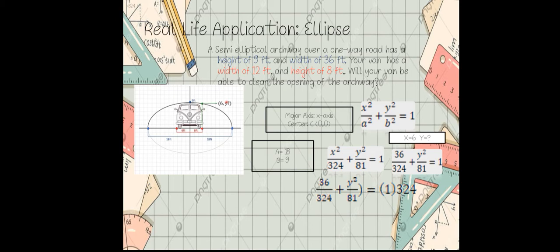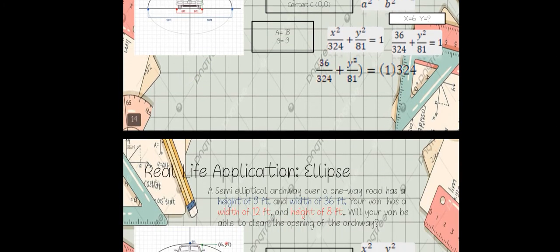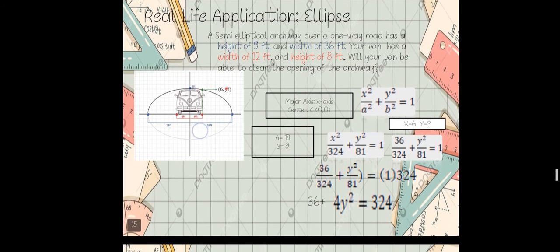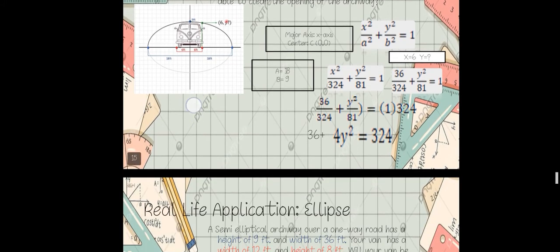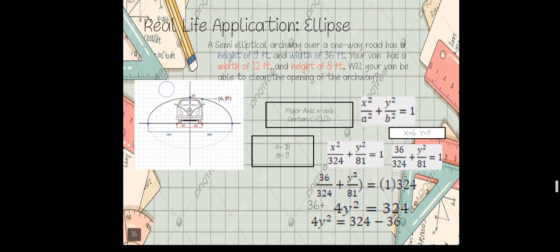So first is to clear out our fractions by multiplying both sides of the equation by the least common denominator, 324, and then we distribute. Next thing is to transpose this to the other side so we can isolate the variable on one side, and combine like terms.